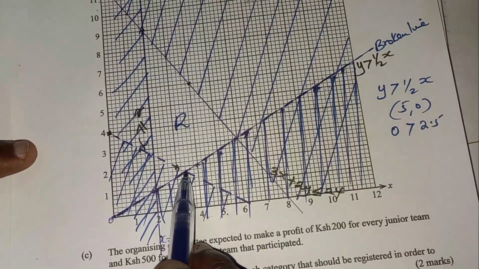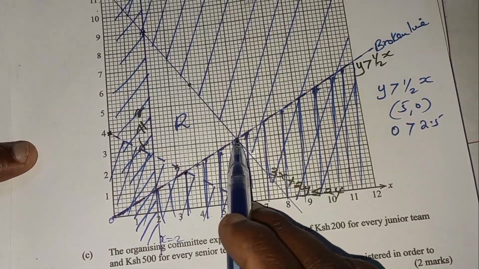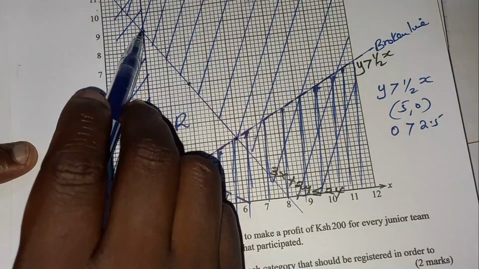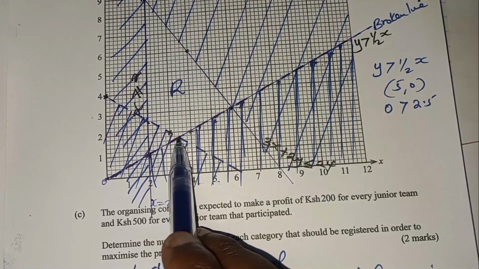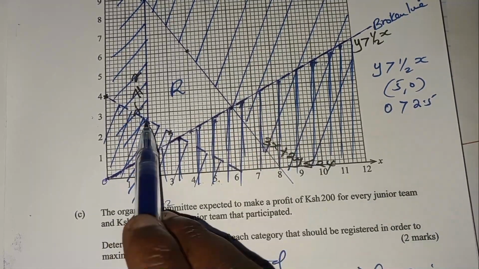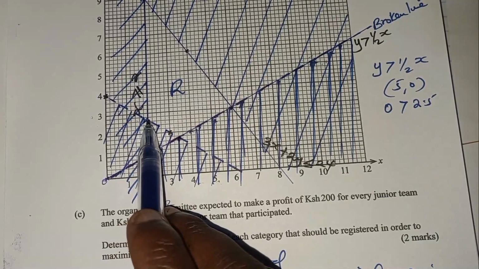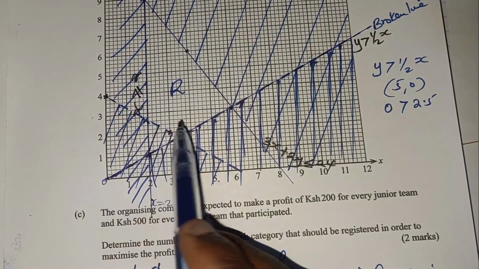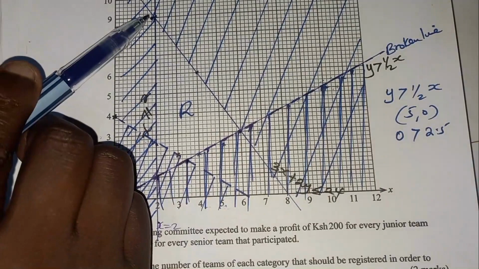Look at this point here. Look at this point. Look at this point. And look at this point. This corner point will not give the values of X and Y that will satisfy the inequalities, because it lies on the broken line. This one again lies on a broken line, and this one lies on the broken line. So we remain with this point that is here, 2, 9.